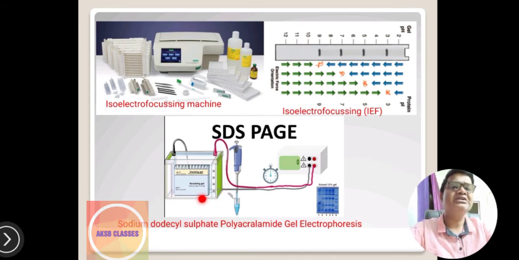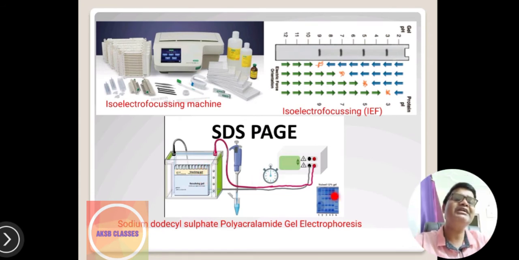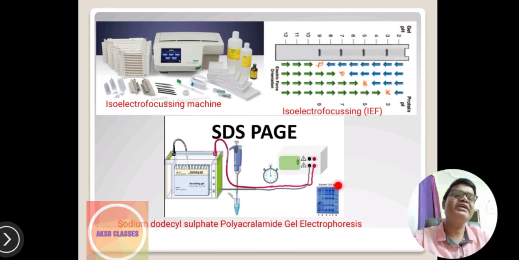So the protein will move from this point toward this point, and a protein of smaller size will move faster. But a protein of larger size will move slower in this gel. Then we get different bands of protein in the polyacrylamide gel.